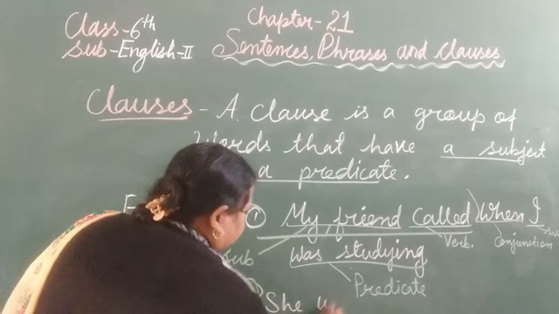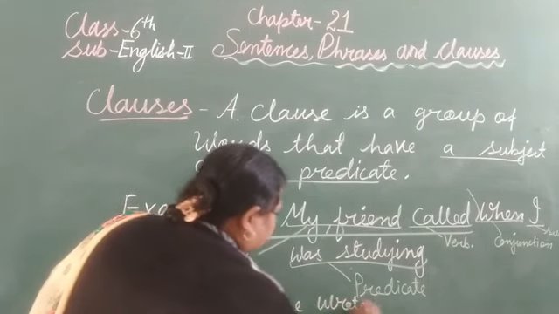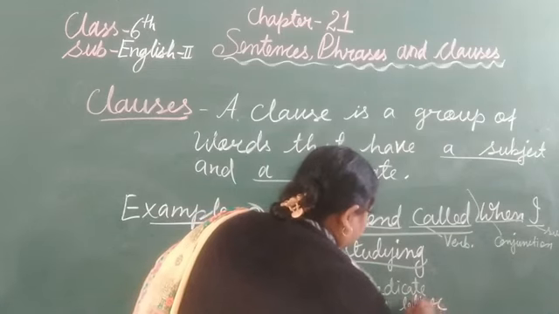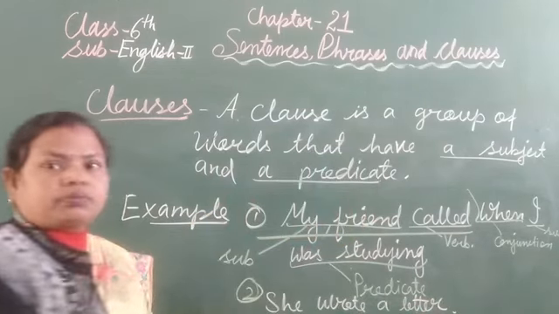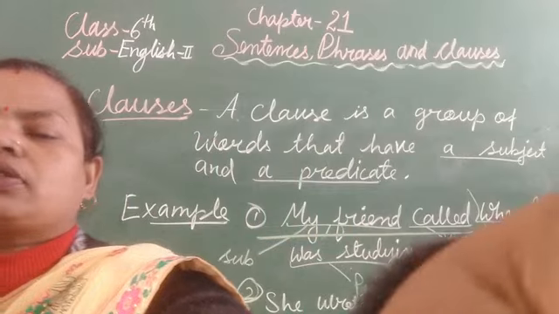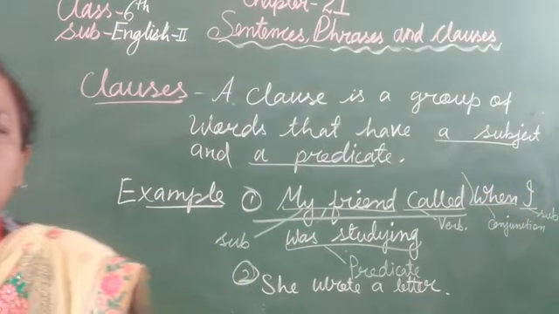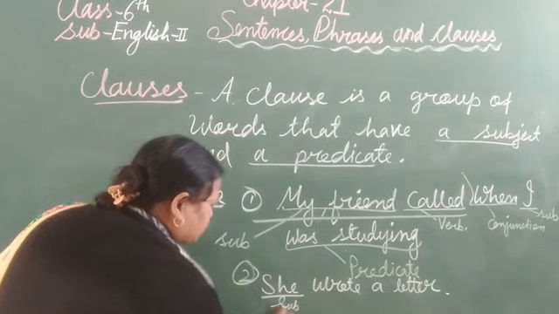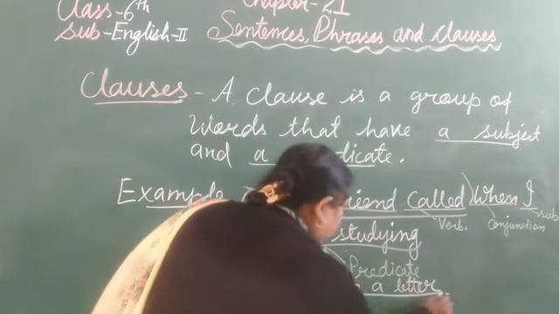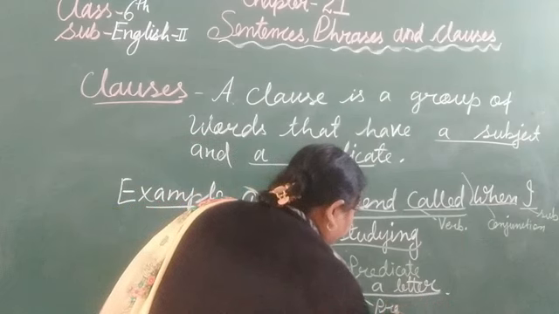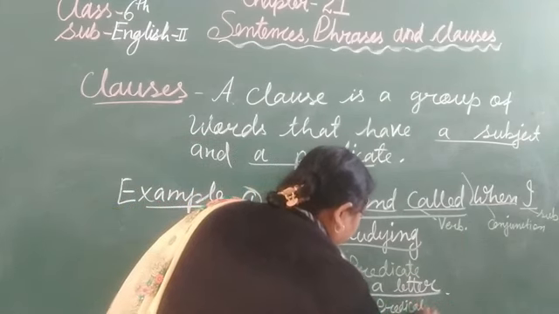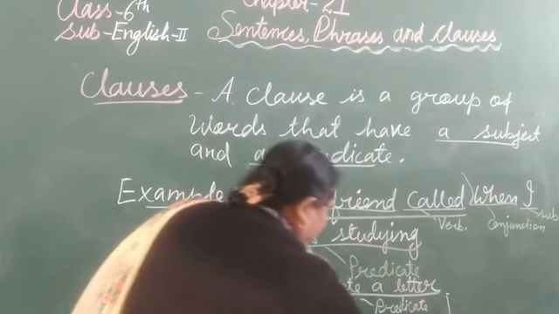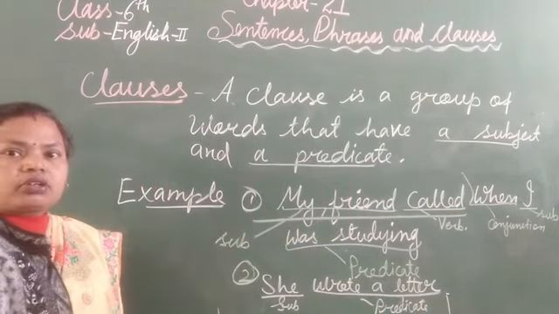She wrote a letter. Here I have given a simple example of a single sentence so that it is clear. In this sentence, the word she is the subject. Wrote a letter is the predicate part, and when there is a subject and predicate, the sentence total is called one clause.